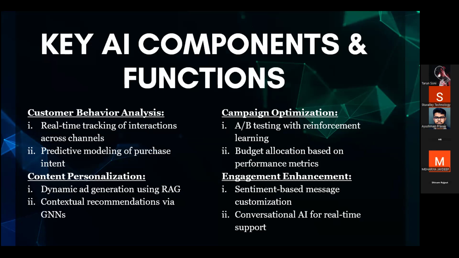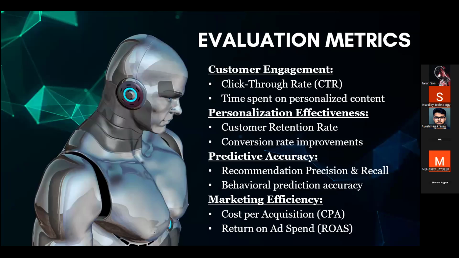For this customer behavior analysis, we use the API key of Twitter or any other social media platform, and then go to content personalization, where dynamic ad generation using RAG, and contextual recommendation via GNN. And for campaign optimization, we use A/B testing with reinforcement learning, budget allocation based on performance metrics, and for engagement enhancement, we use sentiment-based message customization and conversational AI for real-time support.